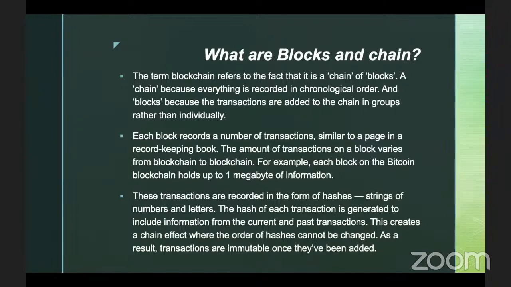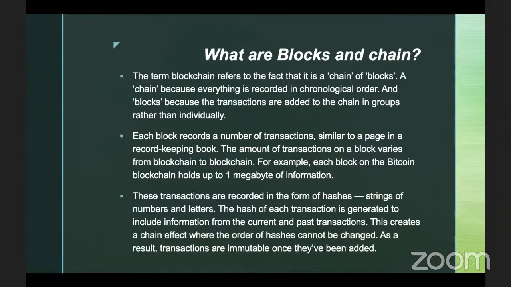The amount of transactions on a block varies from blockchain to blockchain. You have multiple blocks, and the blocks are connected. In a book, the pages are connected, right? Why? There is a chronological order. This is the first page. This is the second page. Whatever ends at the second page continues on the third page. So the pages are connected. There is an order. There are page numbers. So you can say the pages are blocks and they are connected through the page numbers.